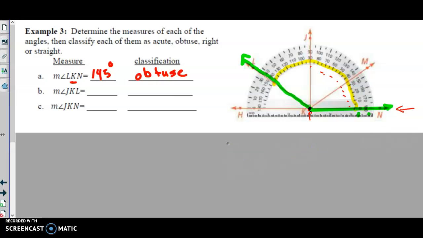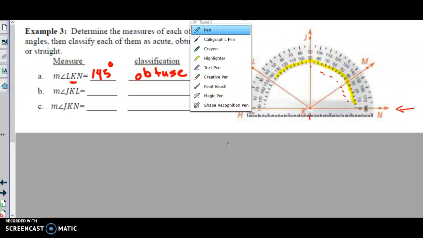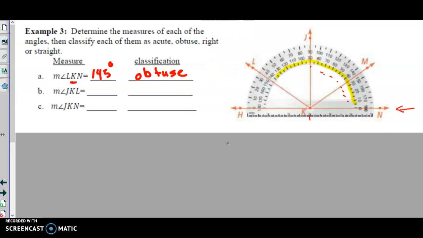Okay, now we want angle JKL. Again, K is the vertex, and the sides are KJ, so here's straight up, and the other side is KL. Now, neither one of those sides starts at 0 degrees, but we can still calculate the measure of that by subtraction.